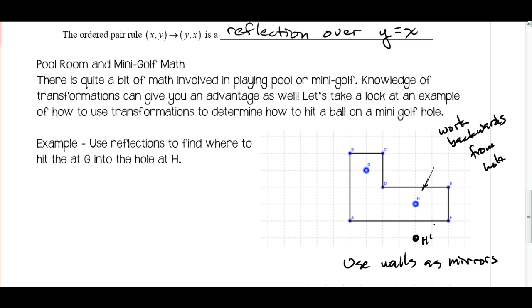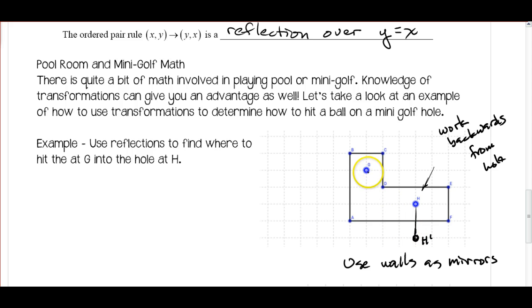And now I'm going to use the next wall over here. So let's take a look, because right over here, now I can almost hit my ball to where that image of H would be.